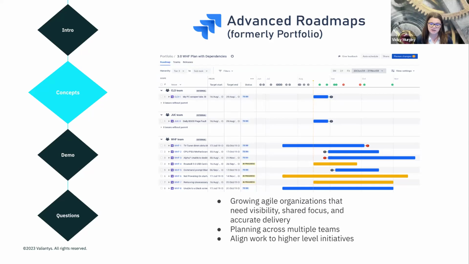This is really a great tool for growing Agile organizations that need to do cross-team planning, wanting to connect your Agile team work or your execution up to your strategy. You can do that in Jira with Advanced Roadmaps.